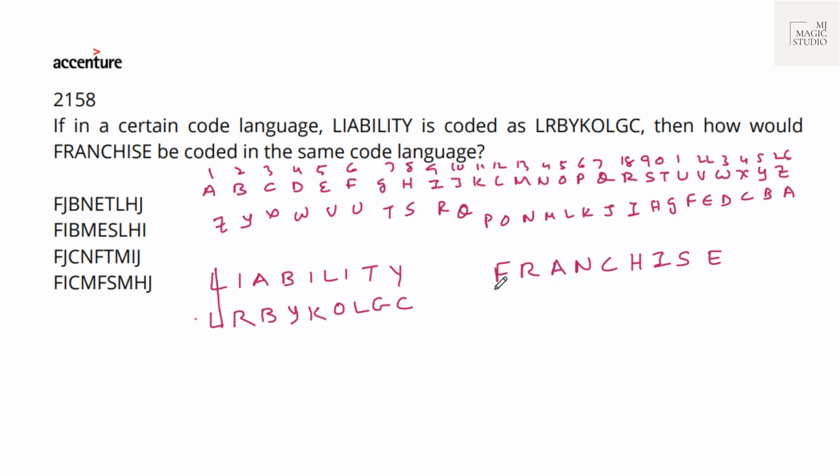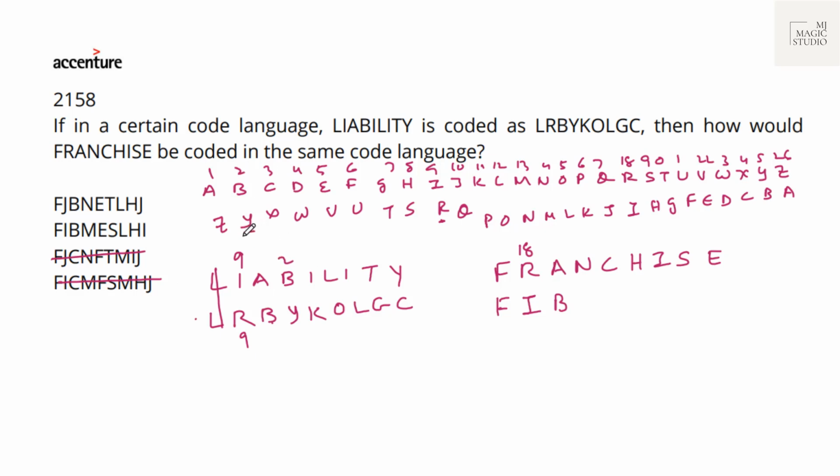FRANCHISE. First one is the same, so F will go with F. Here I is ninth, and when we write it backward, R is also ninth. So if R is 18th, we need the backward 18th. The backward 18th is I. Then A, B: what comes after A is B. FIB, these two options out.